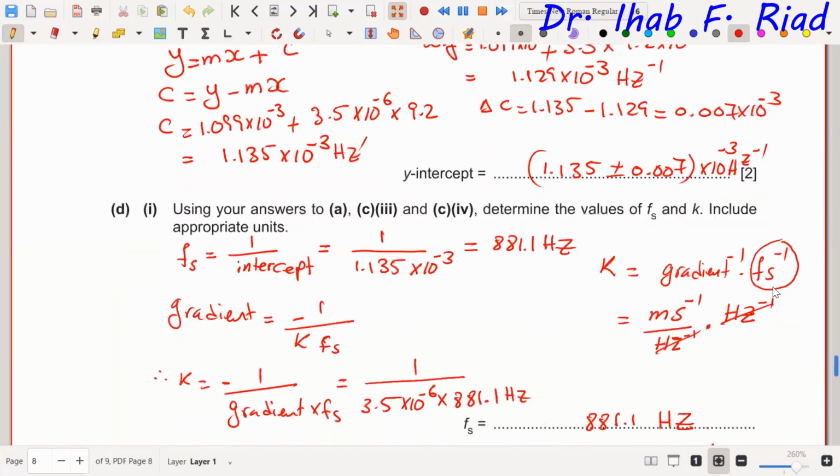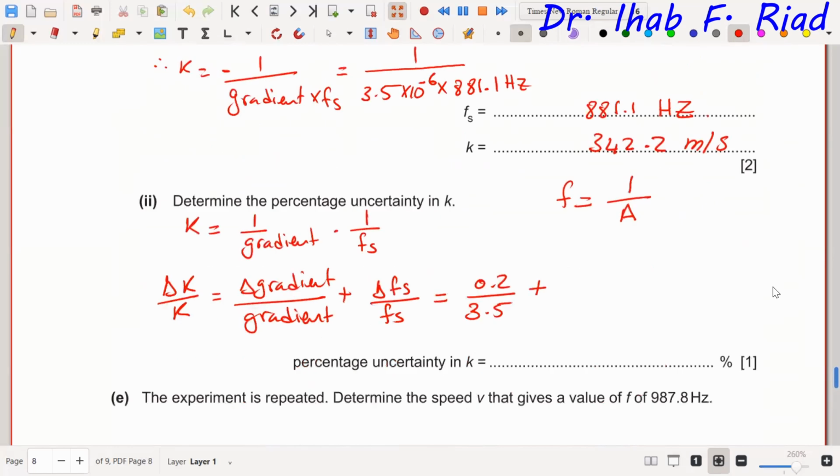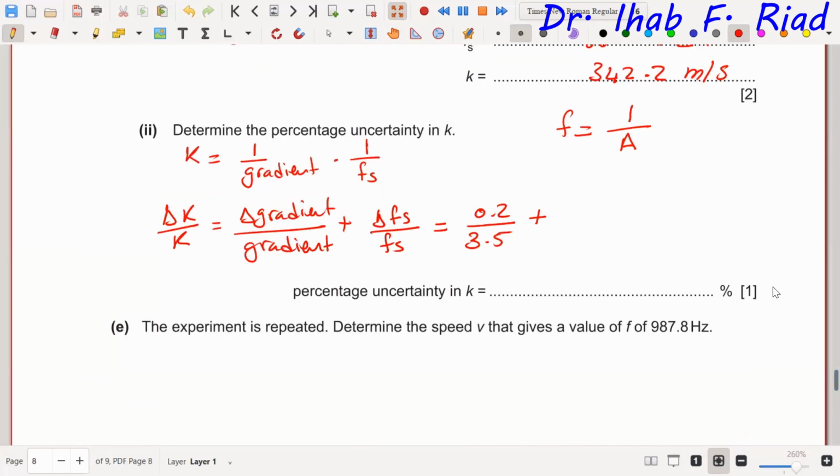We can make it 1 over Fs, the intercept. So we say that Fs is equal to 1 over intercept, then delta 1 over Fs is delta intercept over intercept.